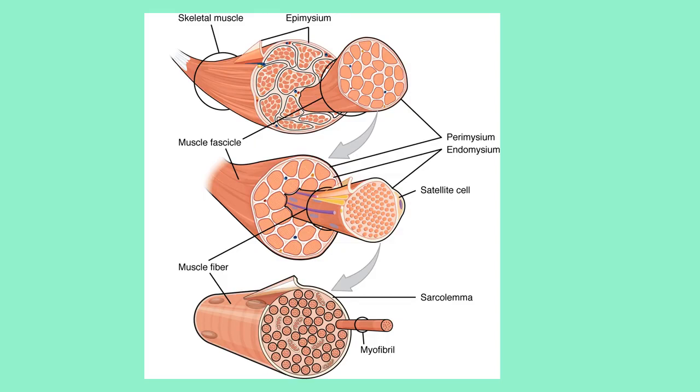So when we look at this diagram here, we're going to start at the bottom. We're kind of looking at the picture in reverse order as shown here. Myofibril. This is an individual set of myofilaments that are inside a muscle cell. And you can see here's some mitochondria.